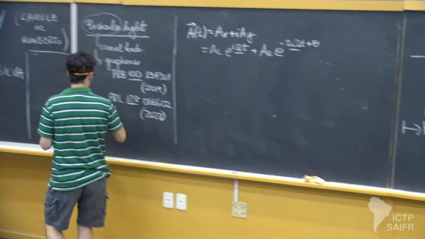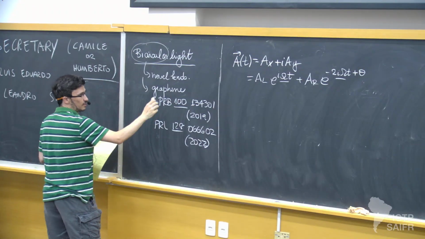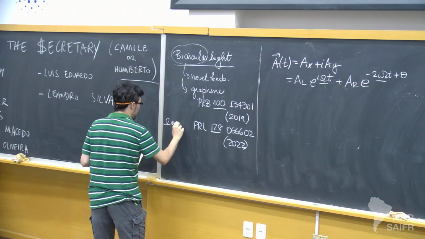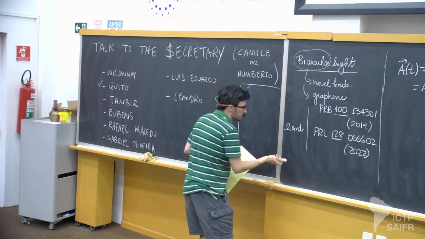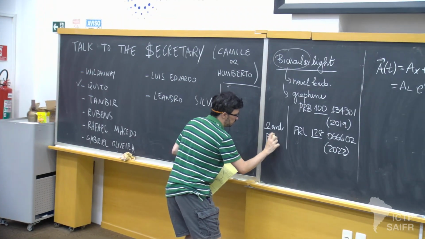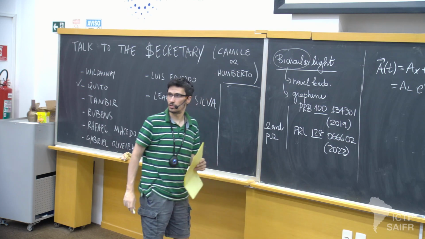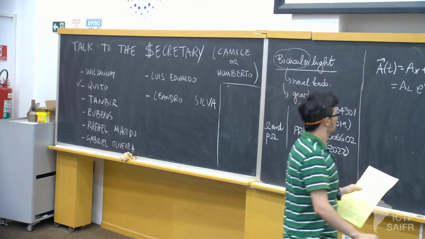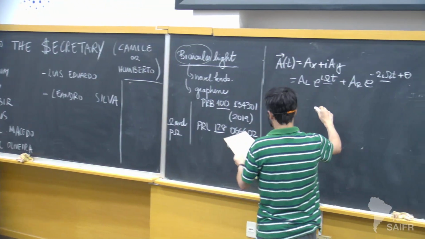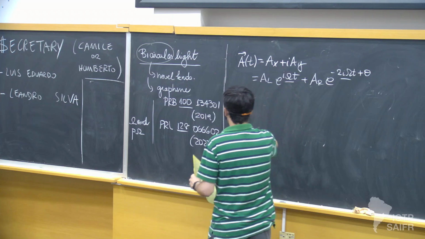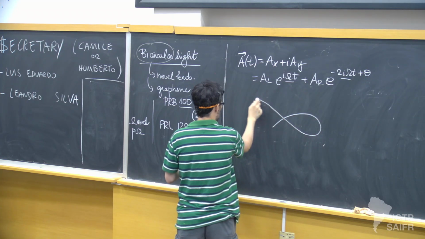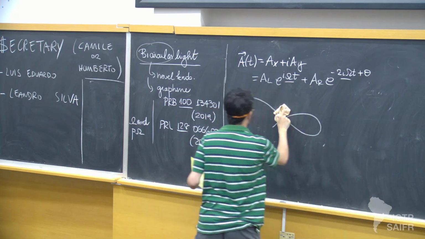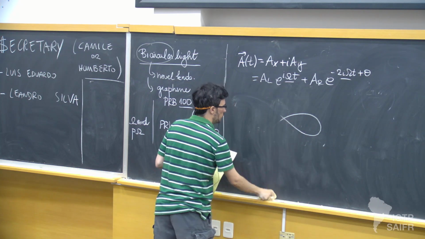In this paper, you consider not omega and 2 omega, but omega and, let's say, p omega, where p is an integer. If you draw this profile, you can choose these phases properly to look like this. I'll just cheat and draw it.